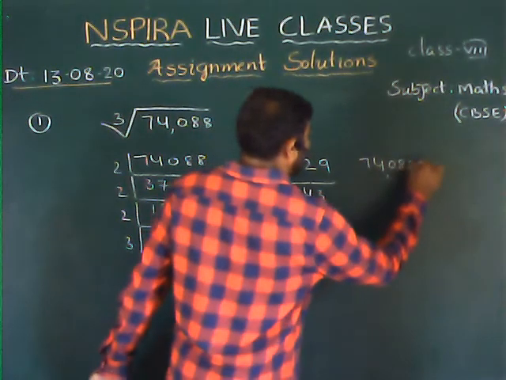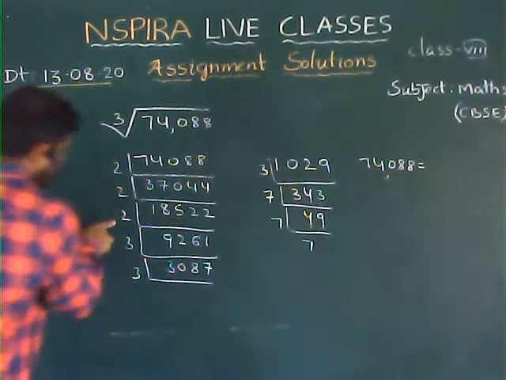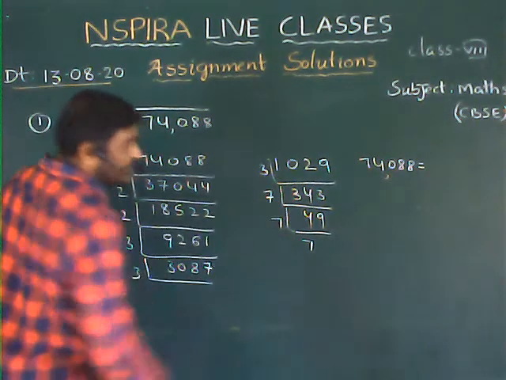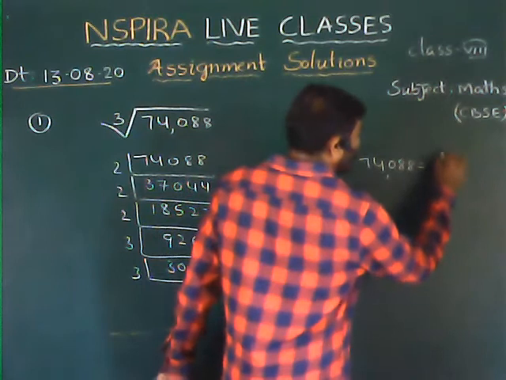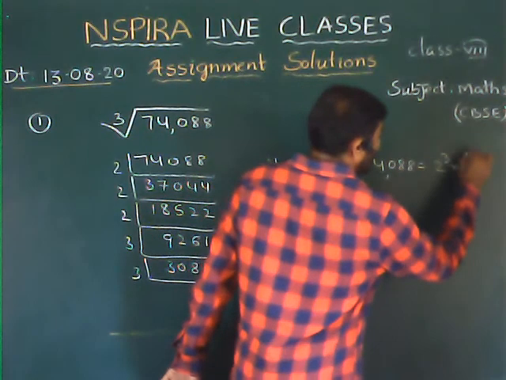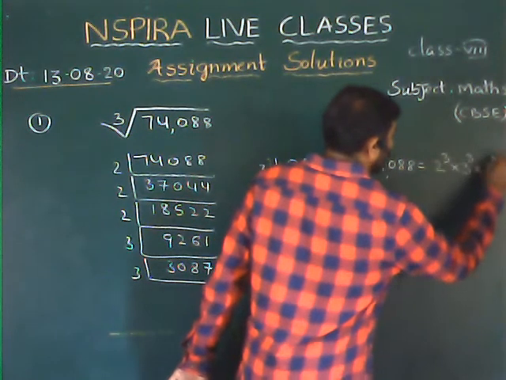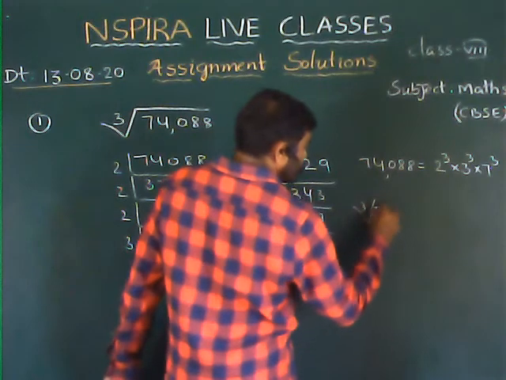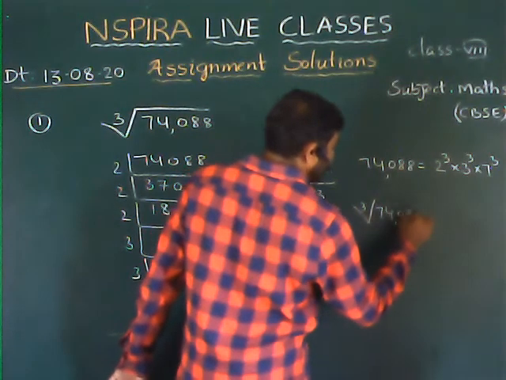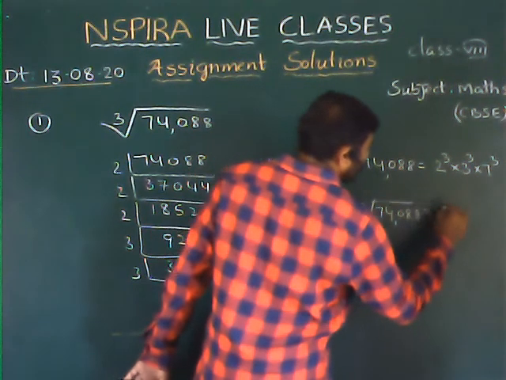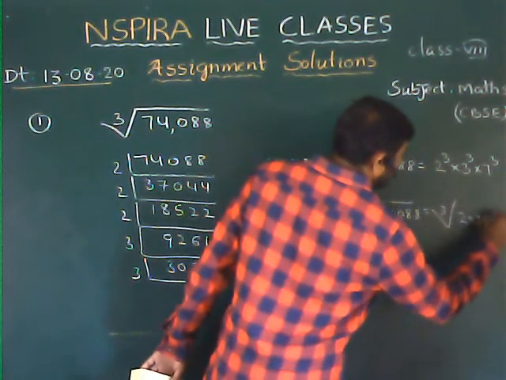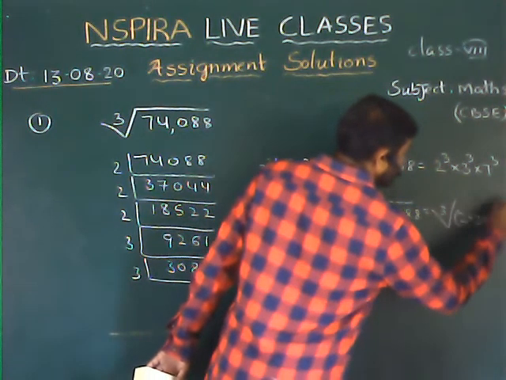74,088 can be written as 2 repeated 3 times, 3 repeated 3 times and 7 also repeated 3 times. So 2 cube into 3 cube into 7 cube. So the cube root of 74,088 is equal to the cube root of (2 into 3 into 7) whole cube.